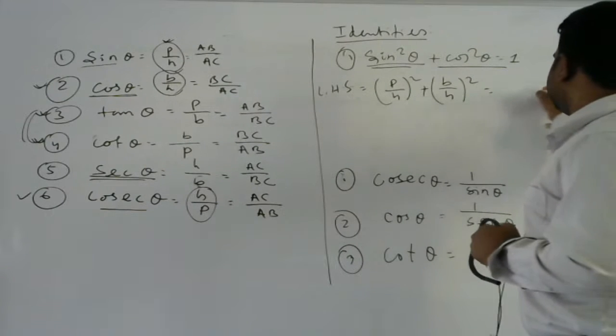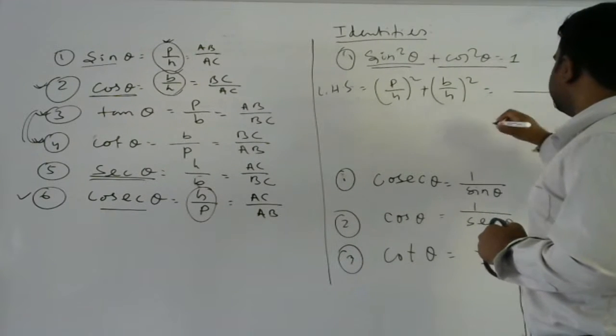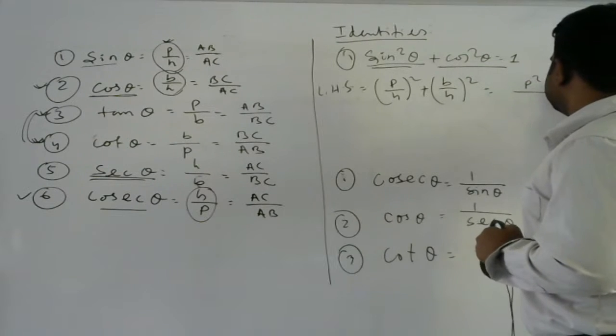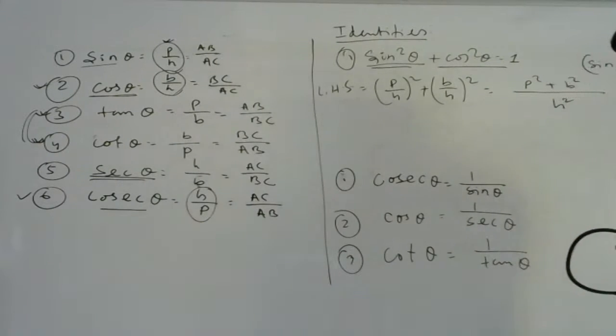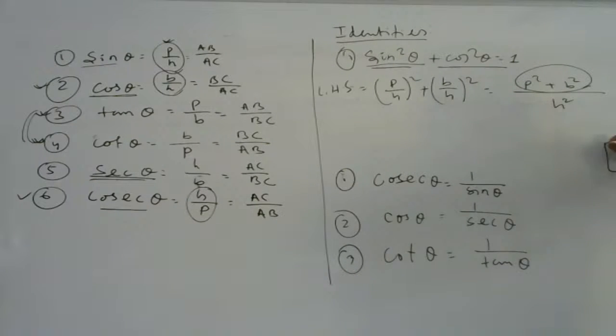Now you can simplify easily. H is in the denominator, so h square, and p square plus b square in the numerator. Now in a right angle triangle, what is p square plus b square? It is known to all of you, by Pythagoras theorem. Suppose this is theta, this is p, this is b, this is h.